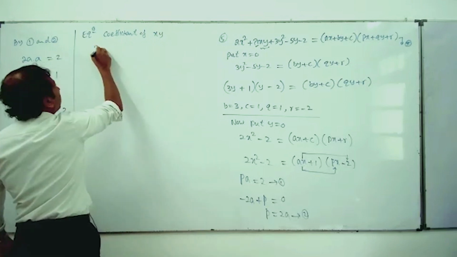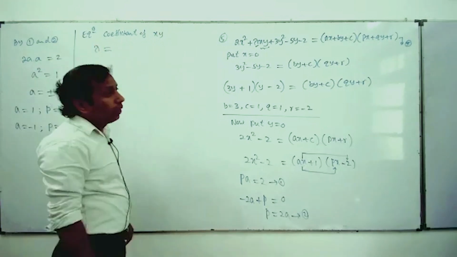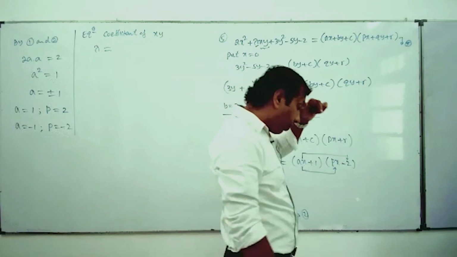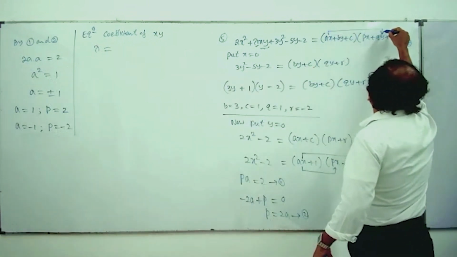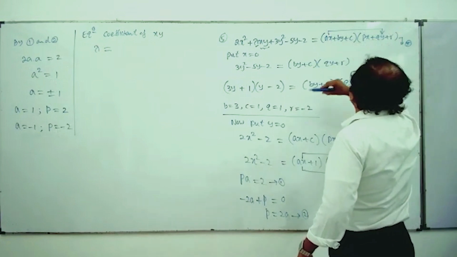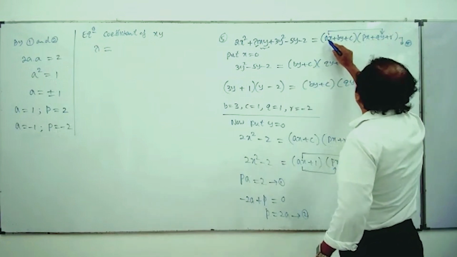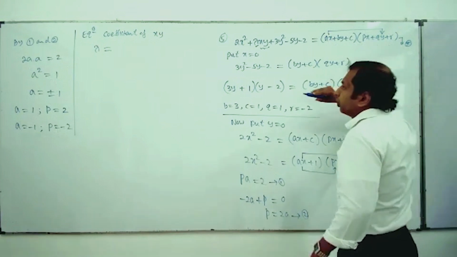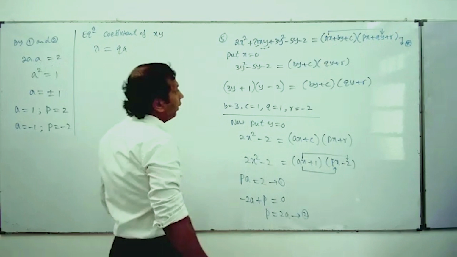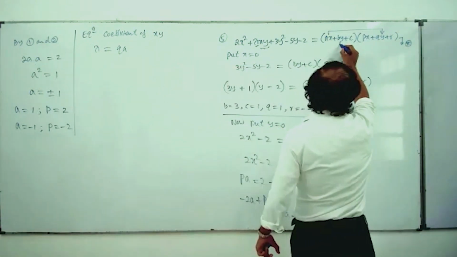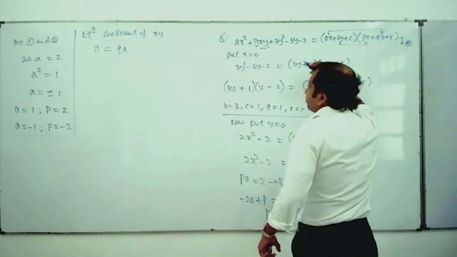Left hand side it is lambda. On the right hand side, how do you get the xy product? By this x term, when you multiply the second bracket y term, we get the xy product term with coefficient aq or qa. And when you multiply this and this, pb.